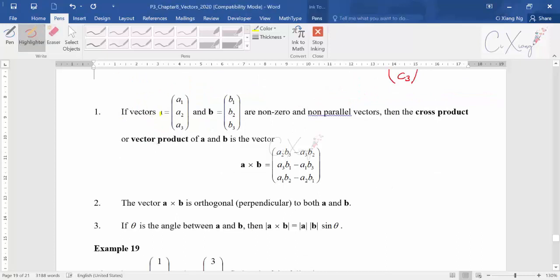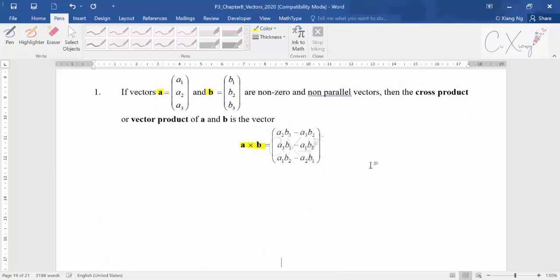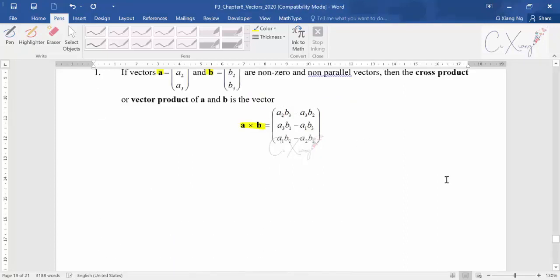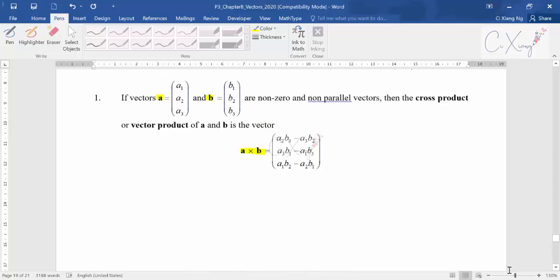According to our notes, we have vector A and vector B, and the cross product is like this. You can see the formula here. Maybe some of you will find the formula very hard to remember, but you don't need to purposely remember it, because it is quite simple to know the pattern.